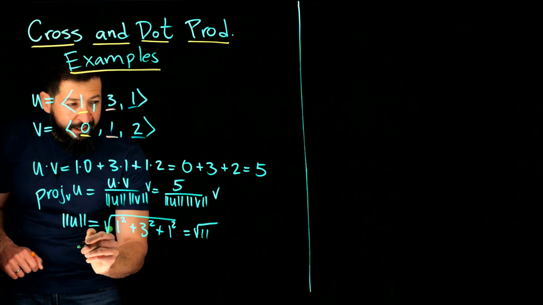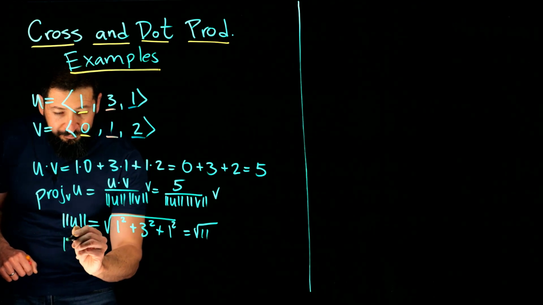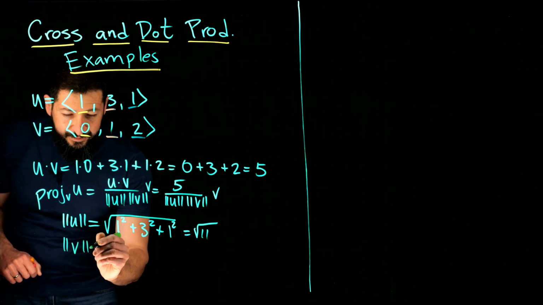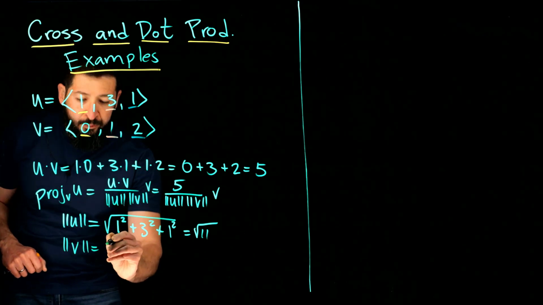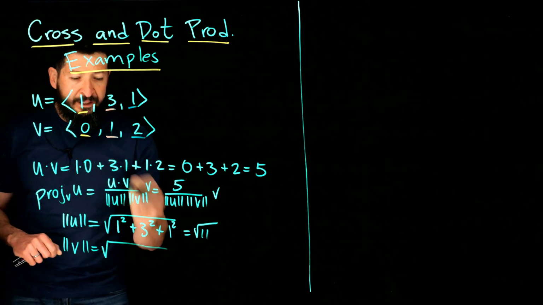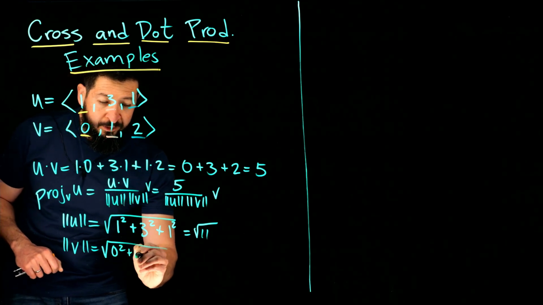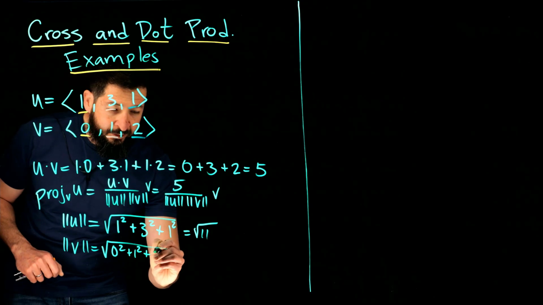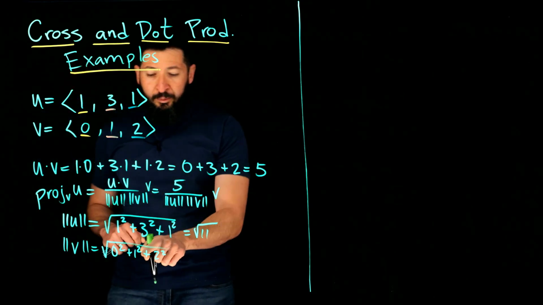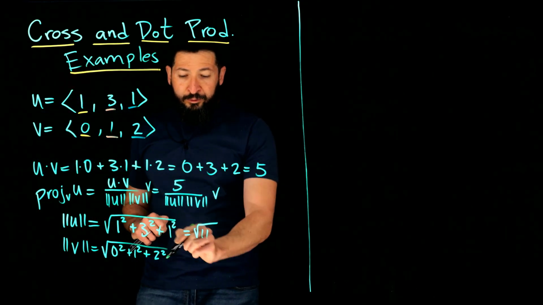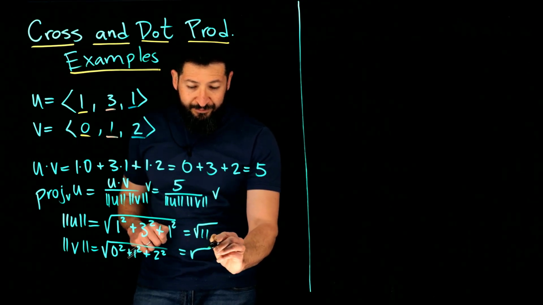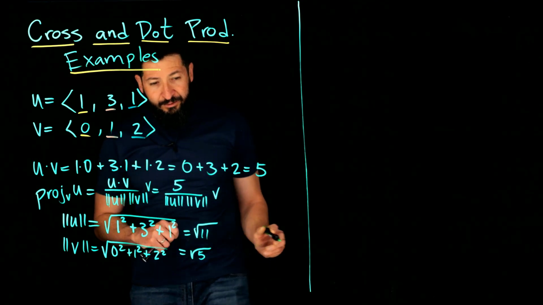And then the length of v will be the square root of the sum of the squares of the entries, or the coordinates of v. So 0 squared plus 1 squared plus 2 squared, which is going to be 1 plus 4, square root of 5. That square root's kind of funky.